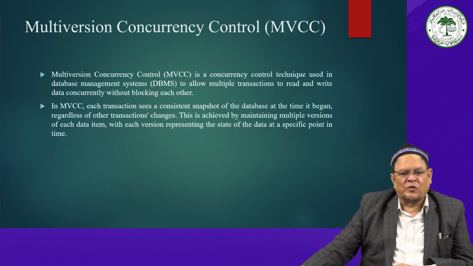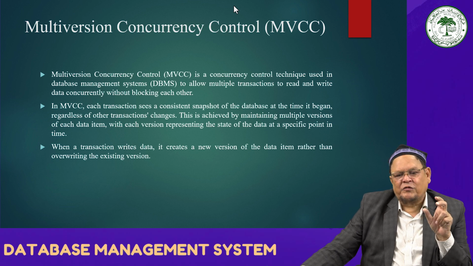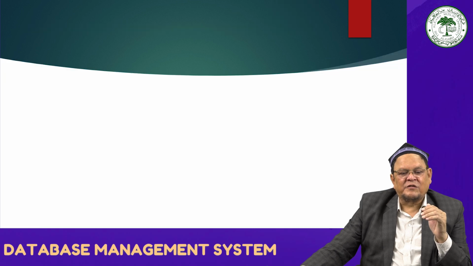In multi-version concurrency control, each transaction sees a consistent snapshot of the database at the time it began, regardless of other transactions' changes. When a transaction writes data, it creates a new version of the data rather than overwriting the existing version.